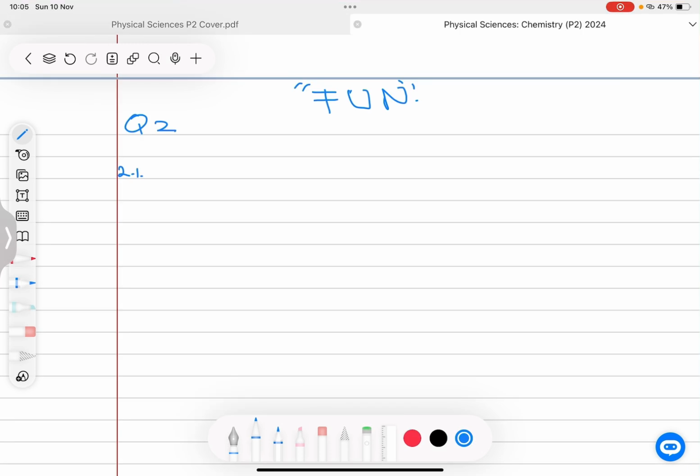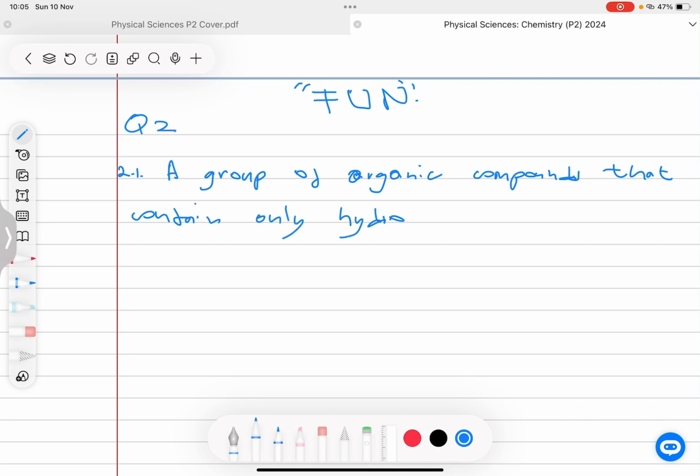So here, I know from my studying that a hydrocarbon is a group of organic compounds that contain only hydrogen and carbon atoms.